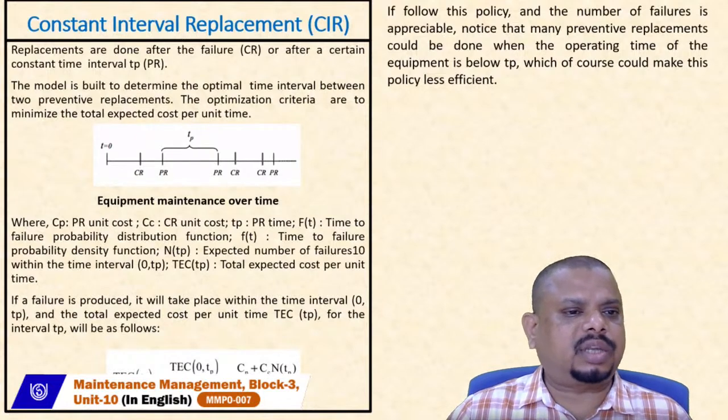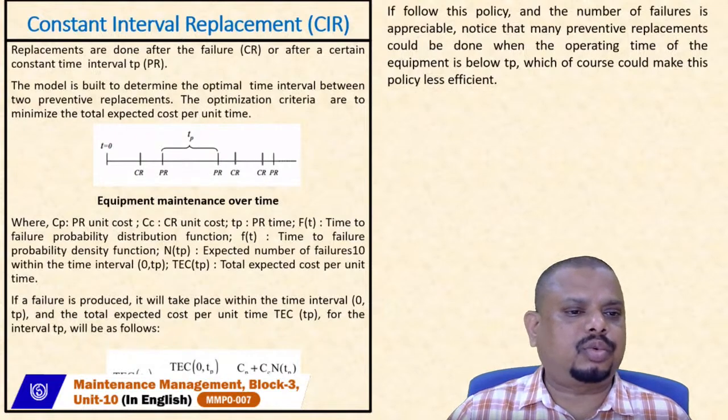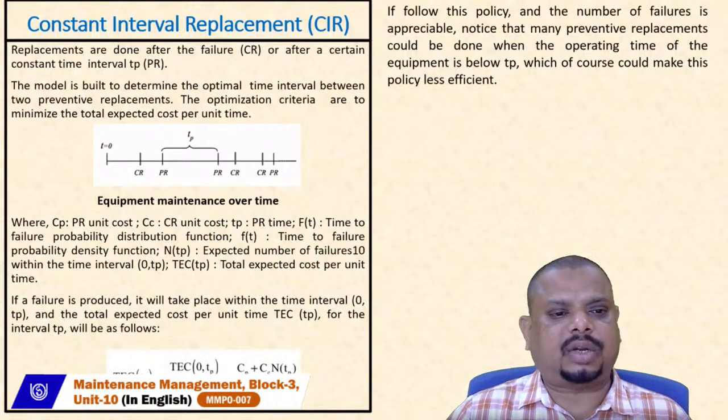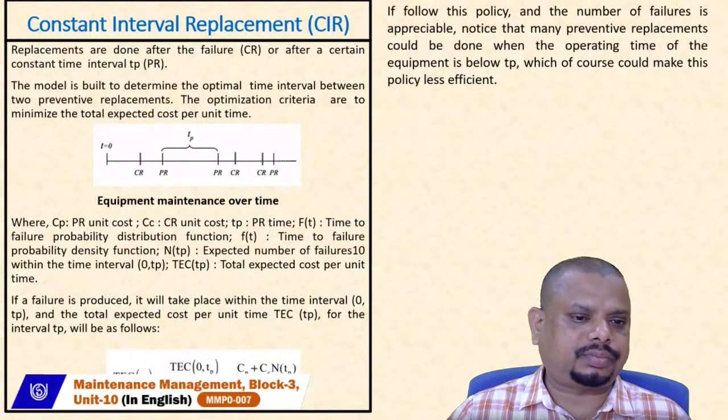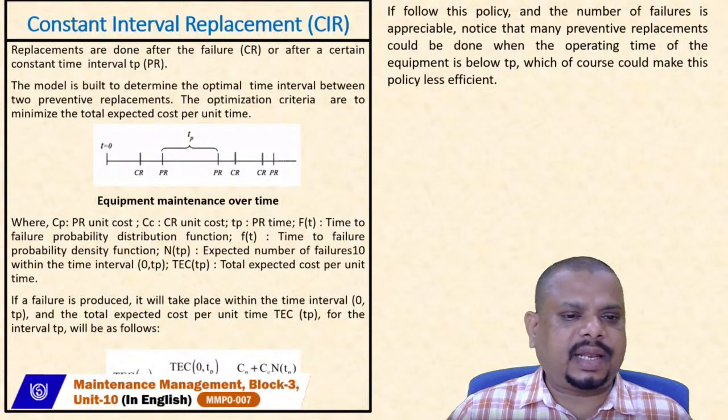This model is developed to determine the optimal time interval between two preventive replacements, and the optimization criterion is to minimize the total expected cost per unit time. In this particular model, a linear line is drawn and t equals 0.